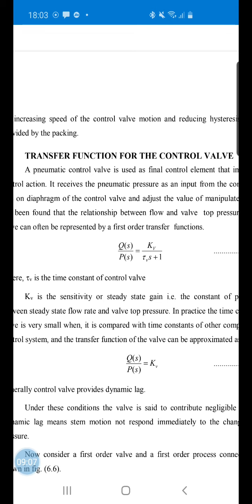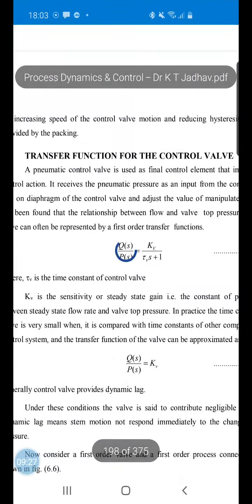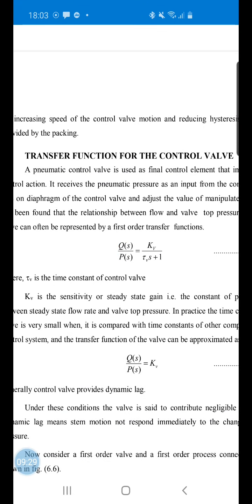If we recall the earlier control valve mechanism for the continuous stirred tank heater, the signals coming from the controller are in terms of electricity or current, and the signal going out from the pneumatic control valve is nothing but heat. That heat is added to the stirred tank.